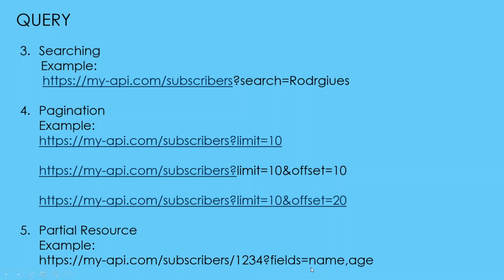But when you want the complete data for a resource, like in this case I want the complete data for resource 1234, subscriber 1234, I'll go with the URI parameters. So that's the difference. If you want a subset of data, like a collection but a smaller collection based on some condition, you use query parameters. But if you want to get a resource which is dynamic, you use URI parameters.